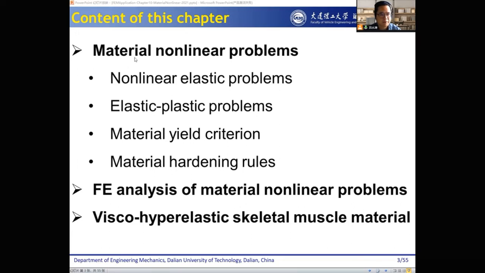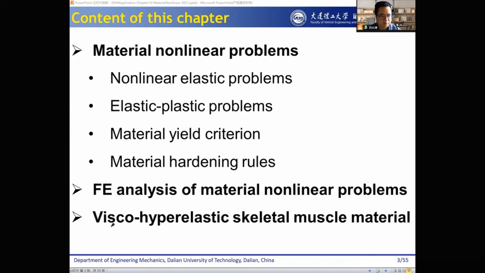First is the material nonlinear problems, and we will cover nonlinear elastic problems, elastic plastic problems, material yield criteria, and the material hardening rules. Second, we will quickly go through the FE analysis of material nonlinear problems.